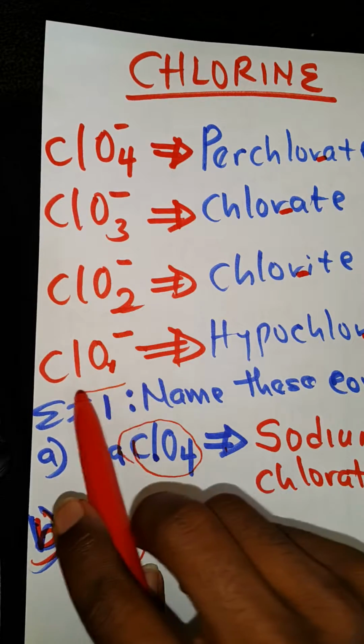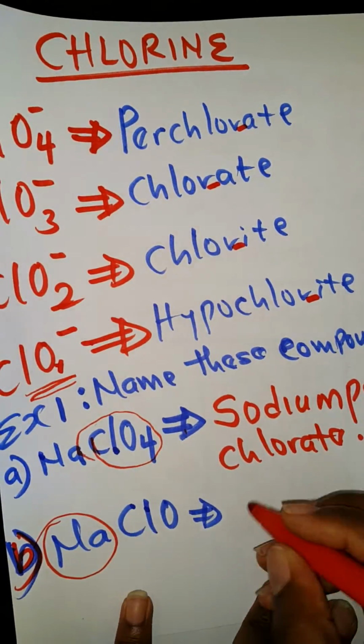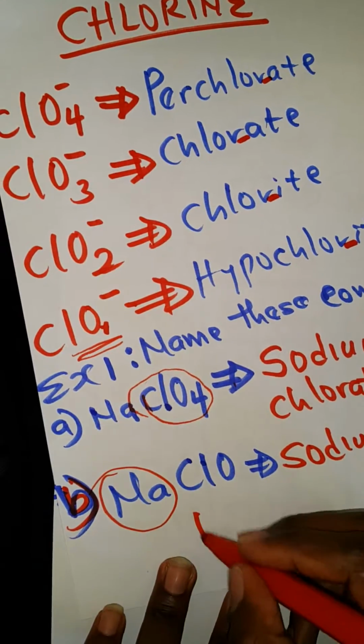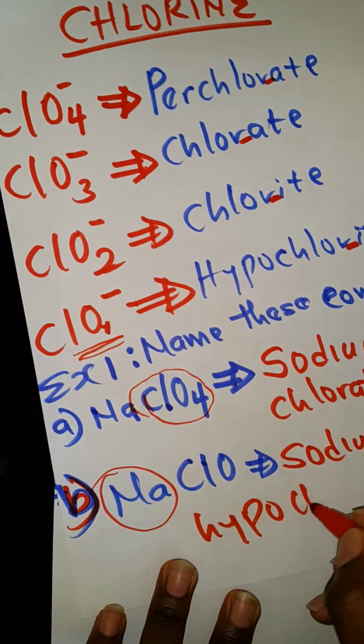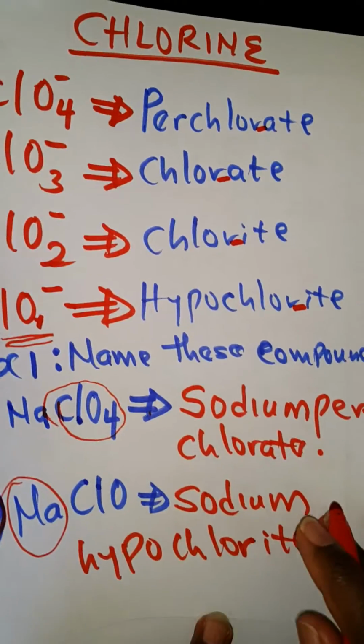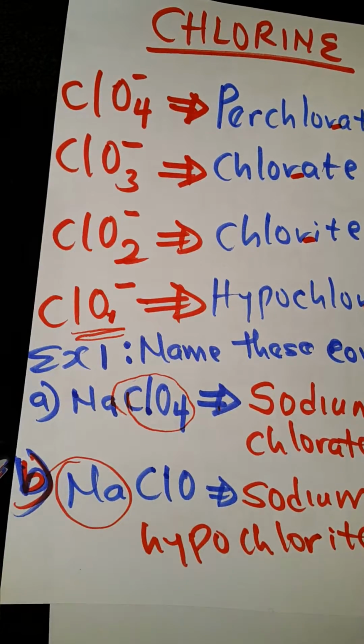This ClO is hypochlorite. So you have to write sodium hypochlorite. As you can see, it's as simple as that.